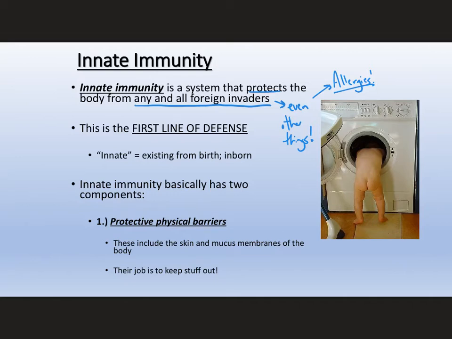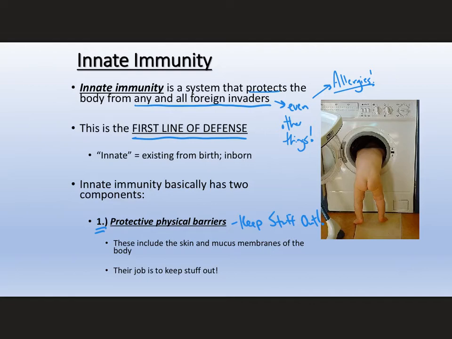But when any kind of pathogen enters your system, your innate immunity is your first line of defense. And as we saw in that flow chart a minute ago, this really has two wings to it. The first one here is protective physical barriers. In other words, this is a way to keep stuff out, right? To begin with, our major goal is to not let pathogens get into your body.